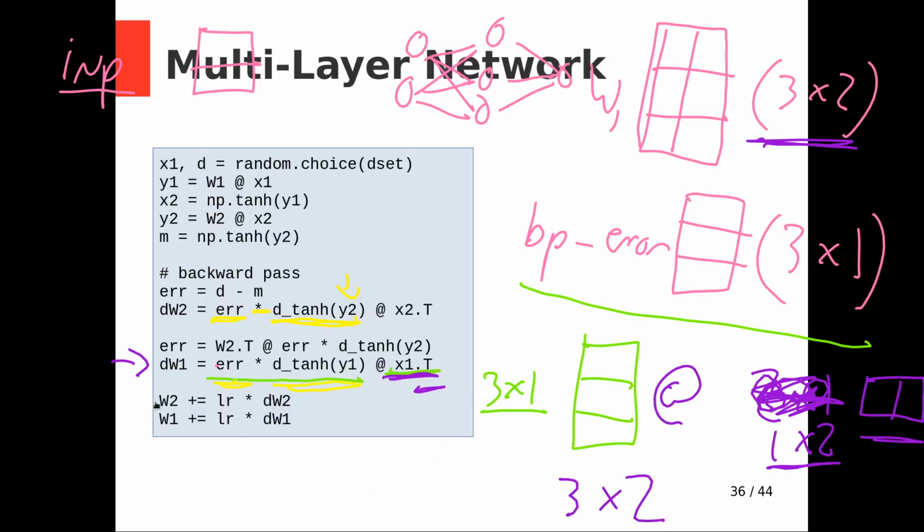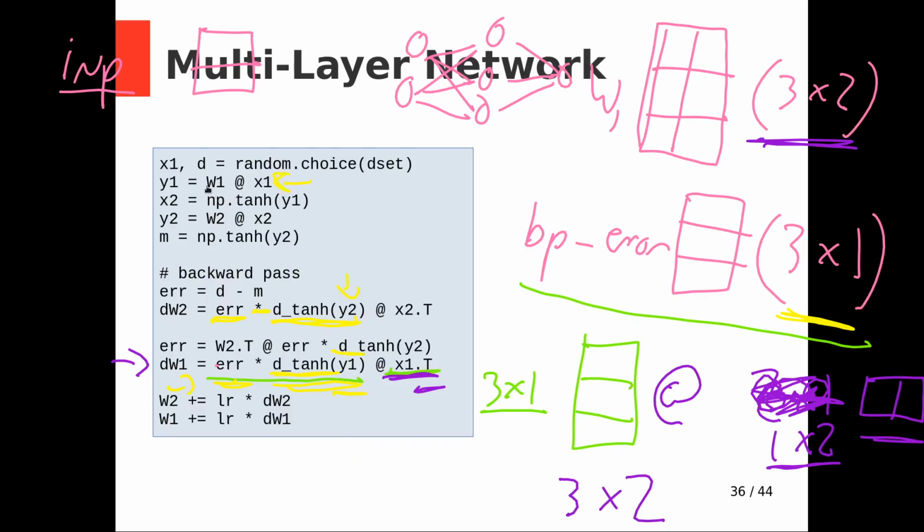So let's look at least at this layer, right? If we know that error is this 3 by 1, right? What is the derivative of the activation function of our pre-input? Well, that's the same size as the pre-input, right? This y thing. What was the pre-input?